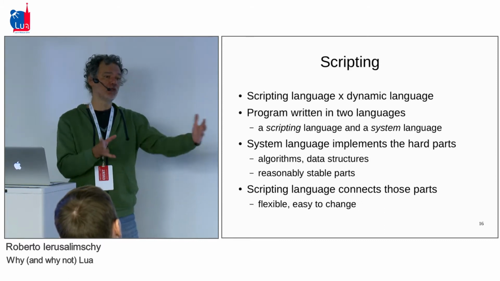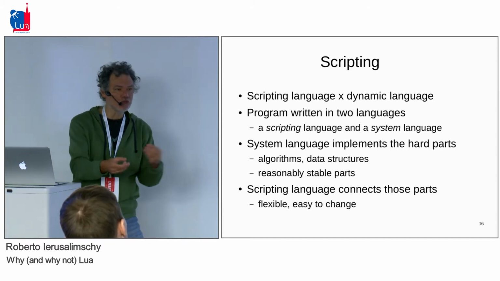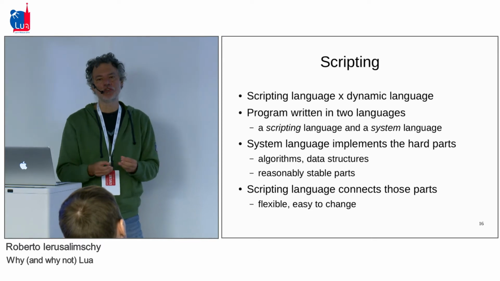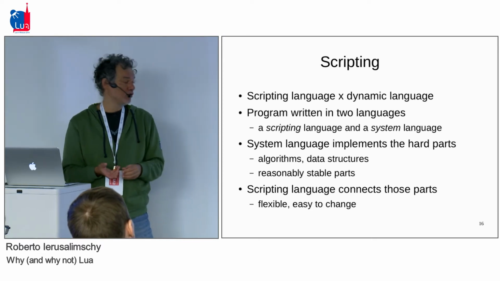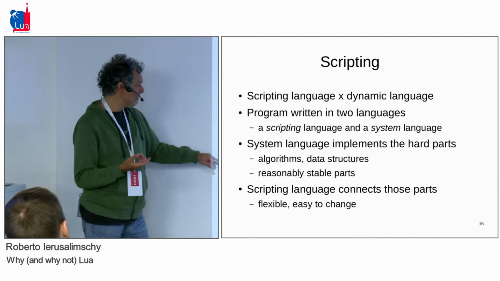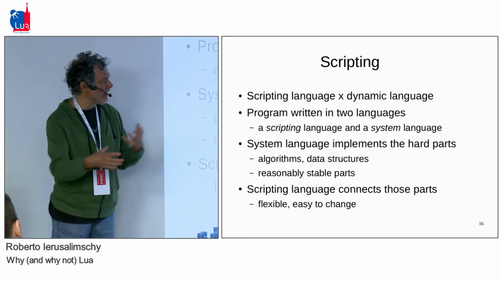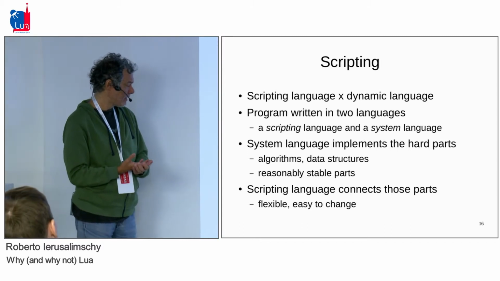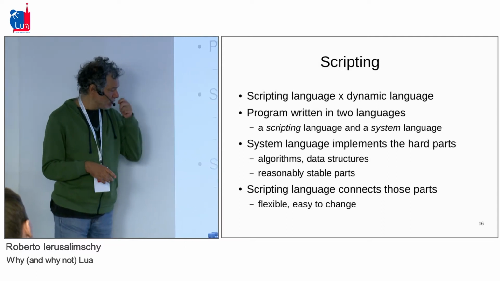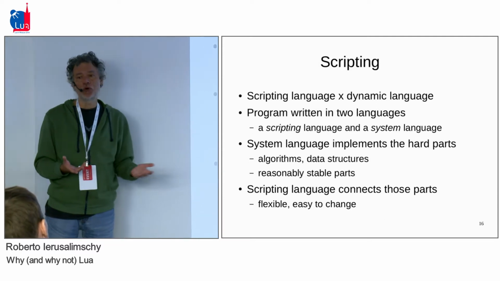Once you implement a good data structure, you are not going to change it a lot. You don't have to adapt to different users, etc. And the scripting language somehow connects those parts. And this is where the language should be flexible, easy to use.